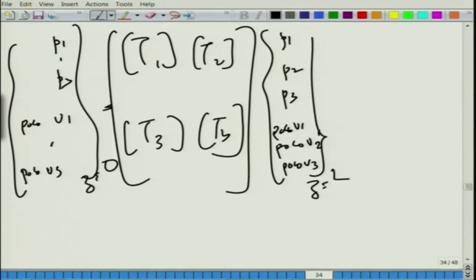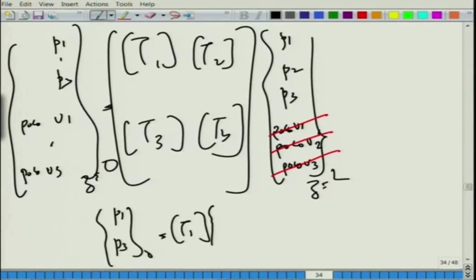When we have such a thing, since all these terms are going to 0, we put that in, and P1 to P3 at 0 is equal to T1 times P1 to P3 at L, because all these things are going to 0.